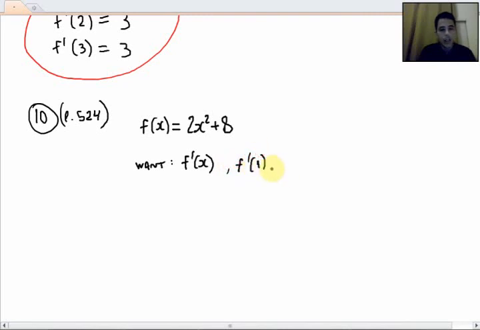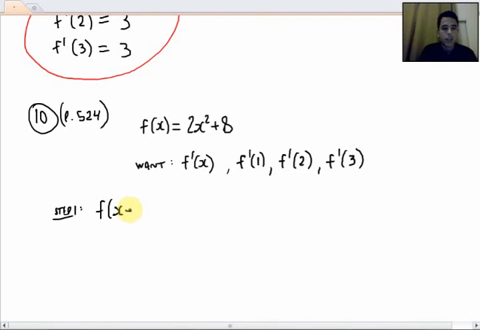They want you to find the derivative of f of x at 1, then the derivative of f at 2, the derivative of f at 3. So they want all those 4. So we need to find this one first, then we can easily figure out the other ones. Okay, let's do this one using the 4-step process. So step number 1, we find f of x plus h.